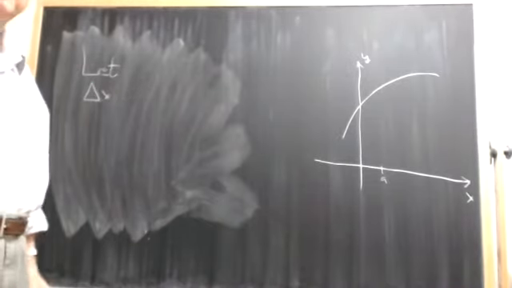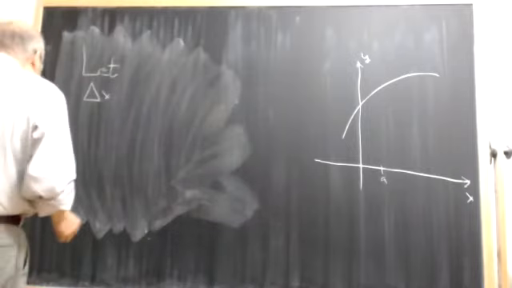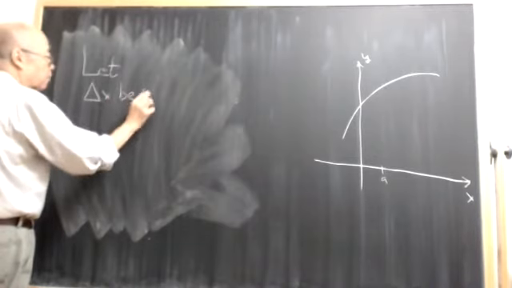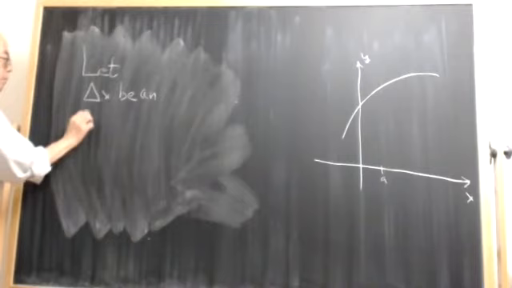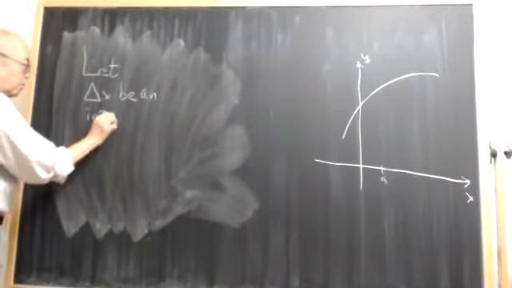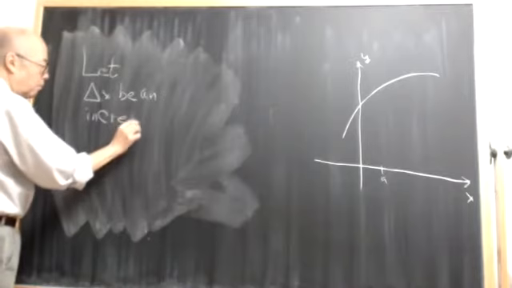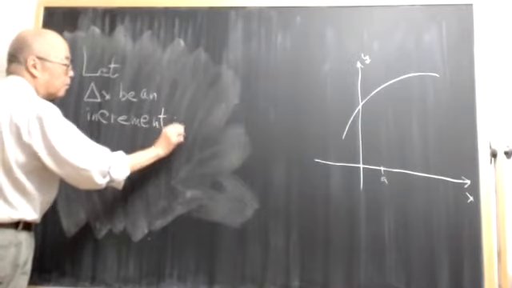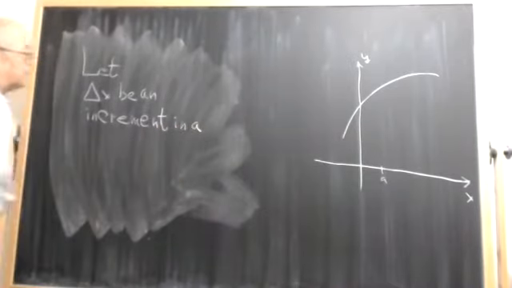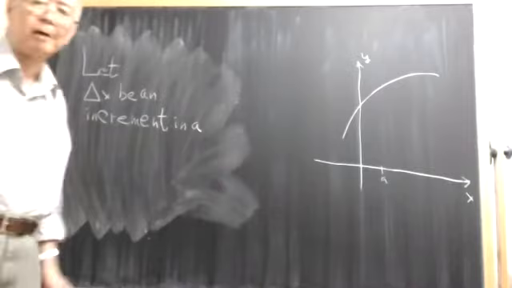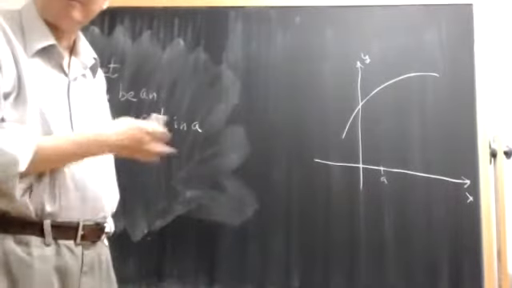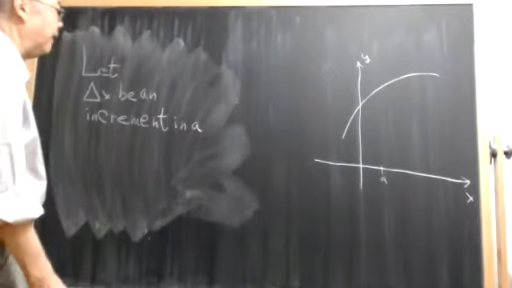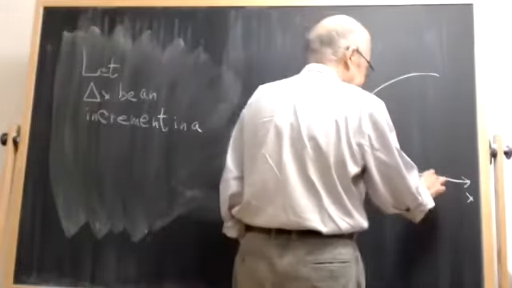So I let delta x be an increment in A, which is usually very small. It may be positive, it may be negative. So it's like this.